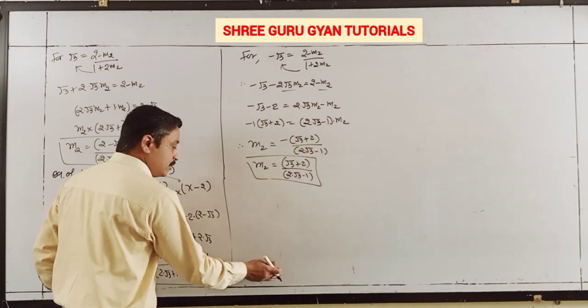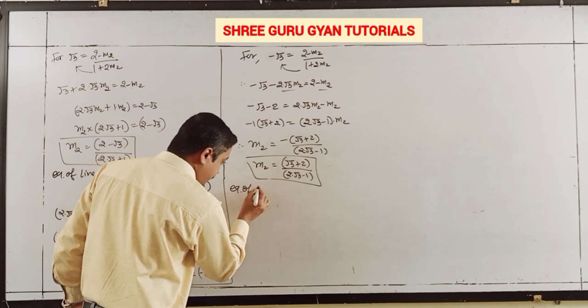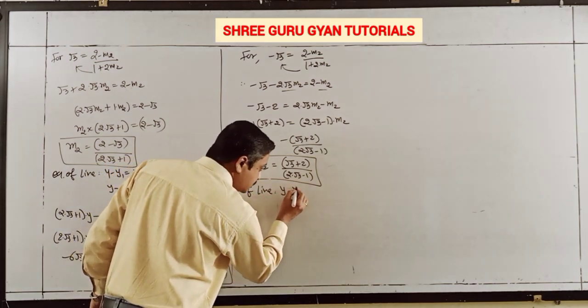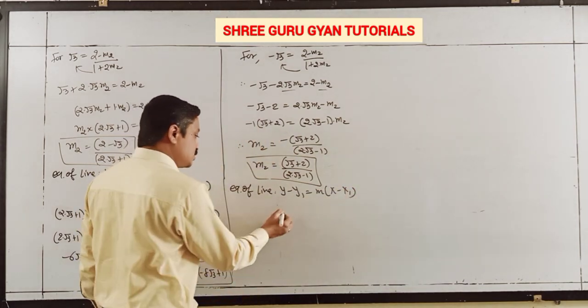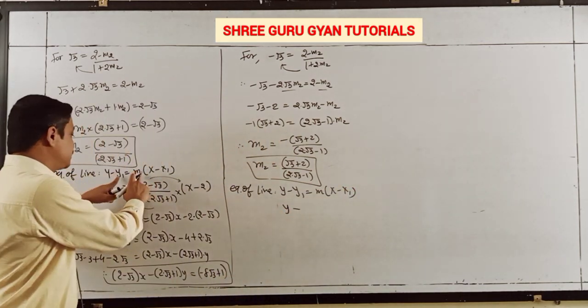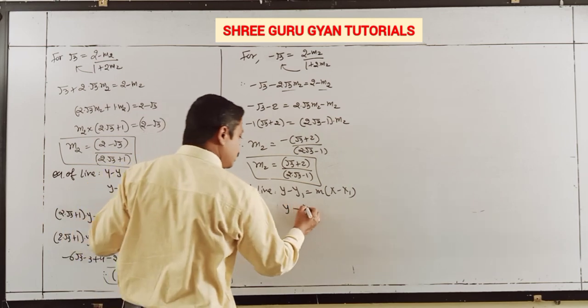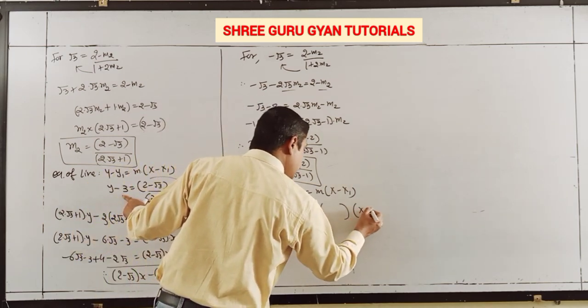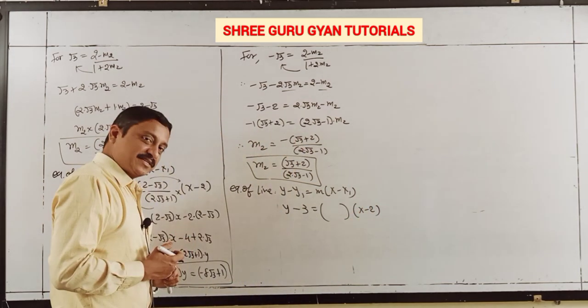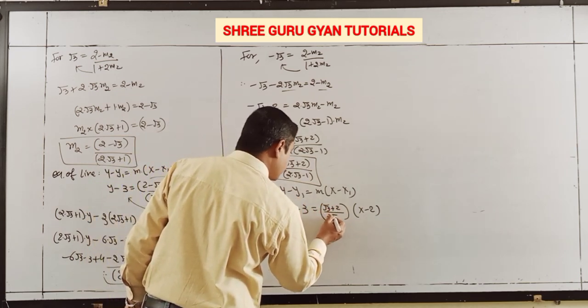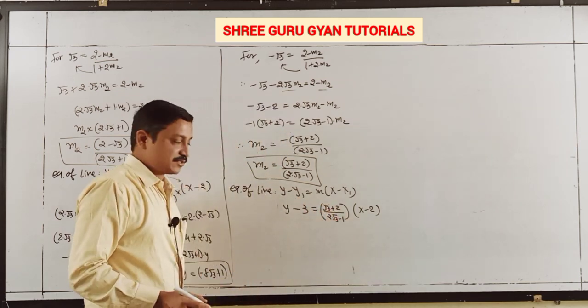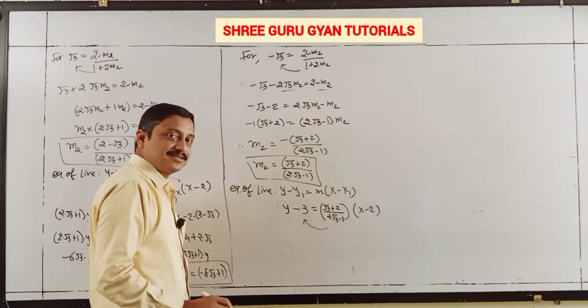Therefore, equation of line: y minus y1 equals m times x minus x1. Students, x1 and y1 are the same as previous, 3 and 2, yes, 2 and 3 same, passing through it, and the slope is root 3 plus 2 by 2 root 3 minus 1. Now you can multiply.